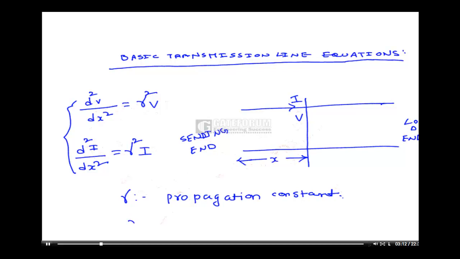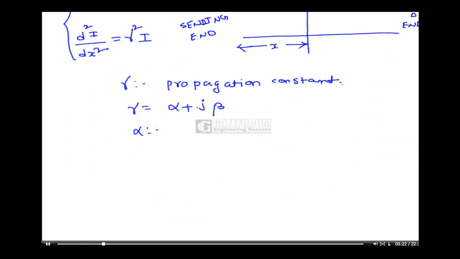We know that gamma is equal to alpha plus j beta, where alpha is the attenuation constant. What is the unit of alpha? Nepers per meter or decibels per meter.